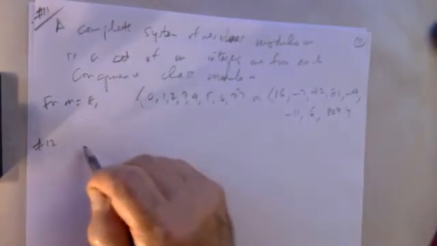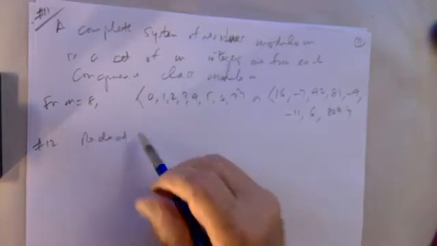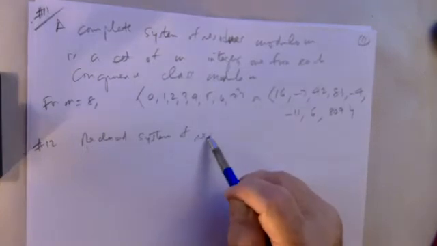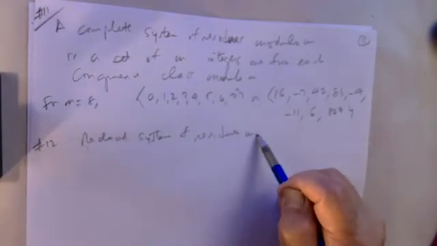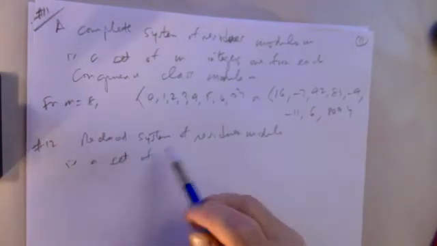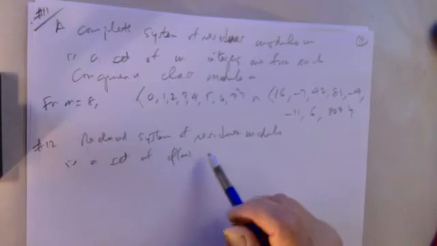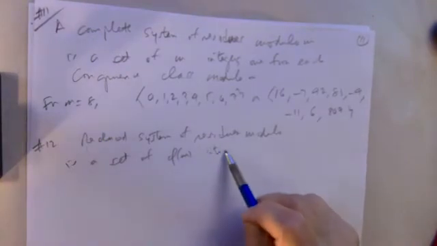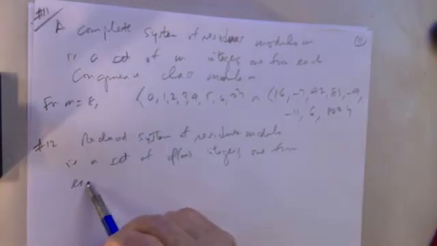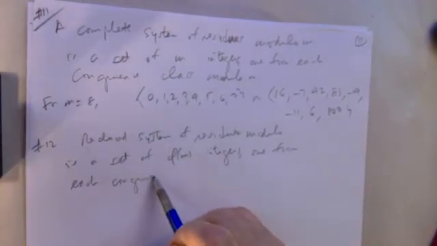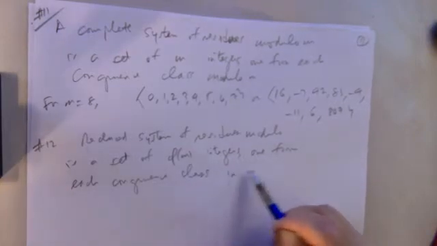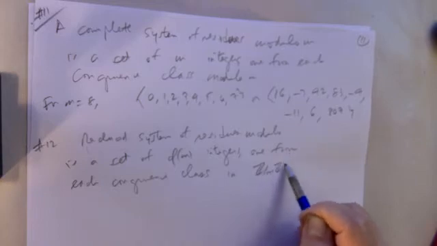For number 12, a reduced system of residues modulo M is a set of phi of M integers, one from each congruence class relatively prime to M. That is, each congruence class in (Z mod MZ)*.